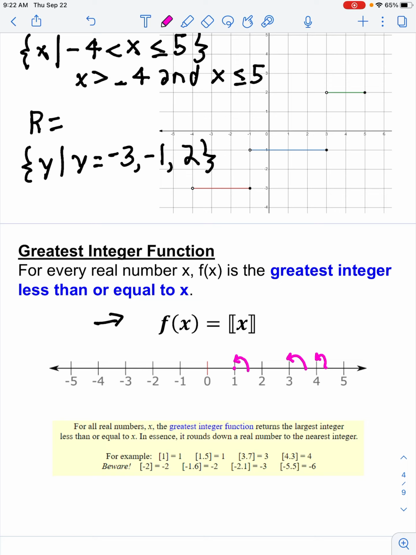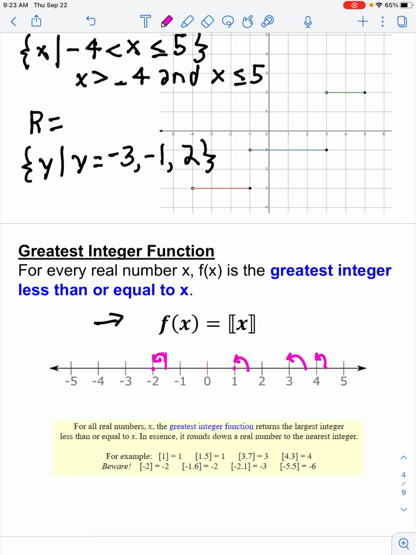So let's be careful with negatives. If I evaluate the greatest integer less than or equal to -2, that's an integer, so that's going to evaluate as -2. What if I evaluate -1.6? That'd be about here. So the greatest integer less than or equal to -1.6 would be -2.